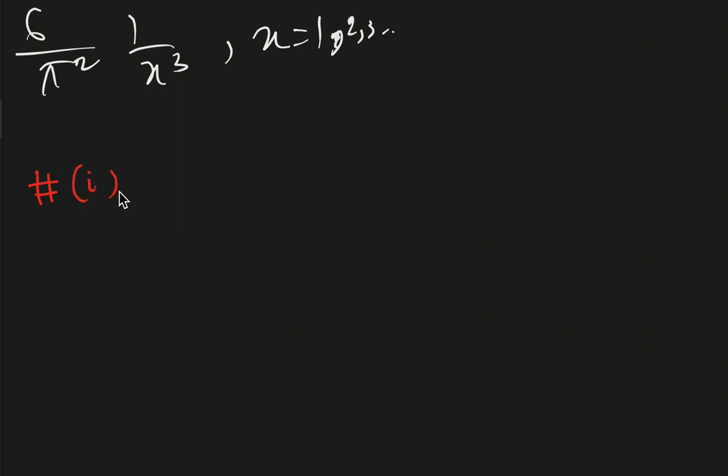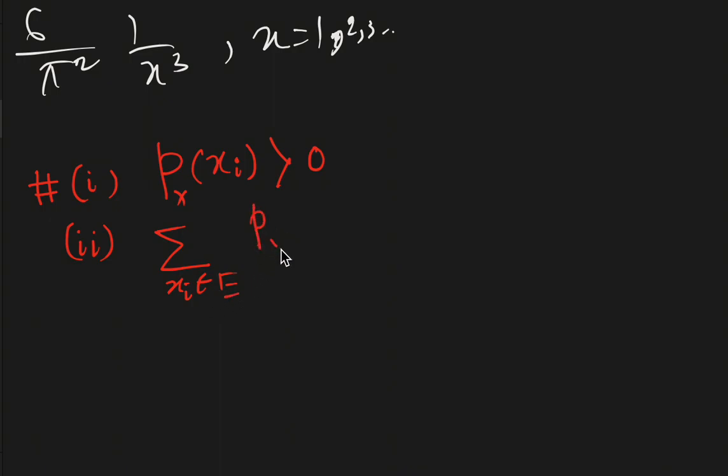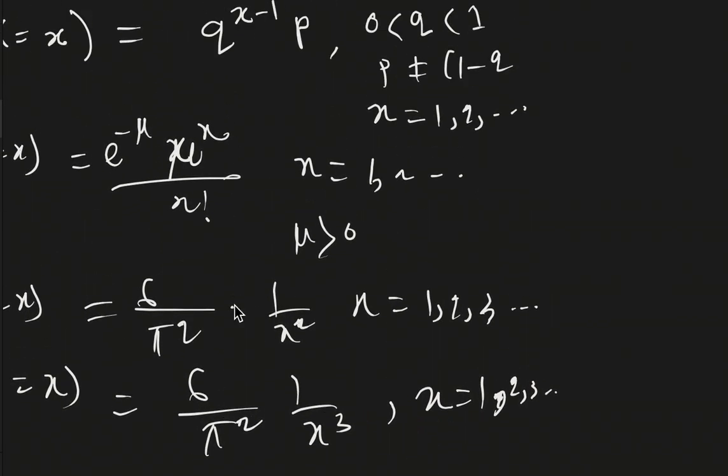One is p of x_i should be greater than or equal to 0, and two is the summation over x_i belonging to the space of p of x_i, that should be 1.